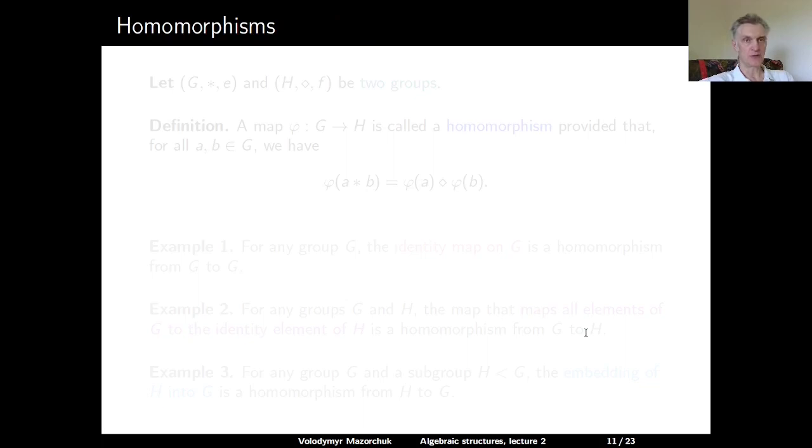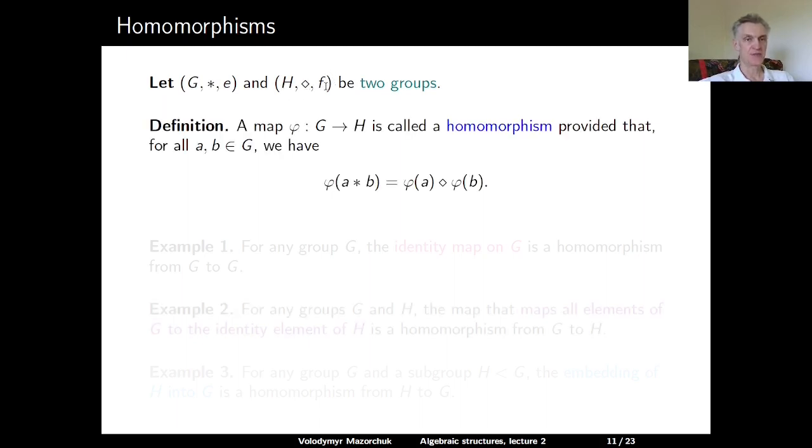Next, let us talk about group homomorphisms. Let G and H be two groups. And in order to be more explicit, let us assume that the operation in G is star and the identity element is E, and the operation in H is diamond and the identity element is F. Definition: a map phi from G to H is called a homomorphism or a group homomorphism, provided that for all elements A and B in G, the following holds.